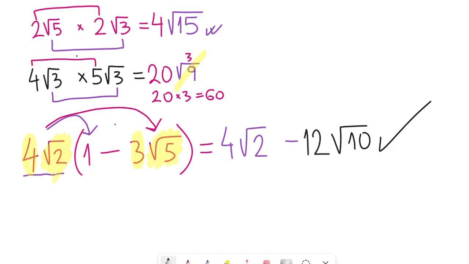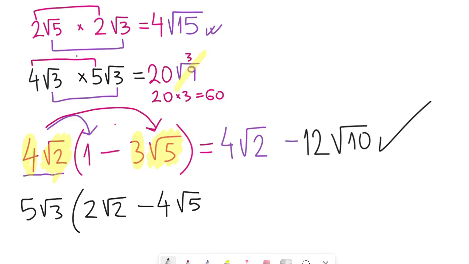So one more time. Number by number, radical by radical. One more example. If we have, let's say, 5 radical 3 multiplied by 2 radical 2 minus 4 radical 5. Okay, so we say the first one by the first one. But keep in mind, number by number and then radical by radical. 5 multiplied by 2 is 10.